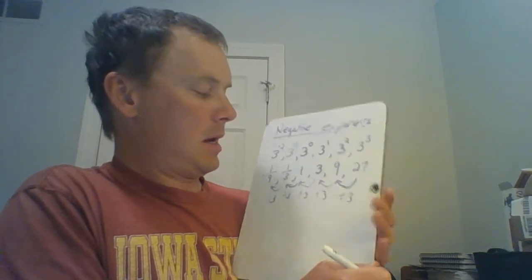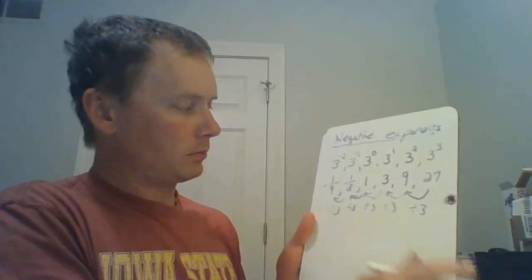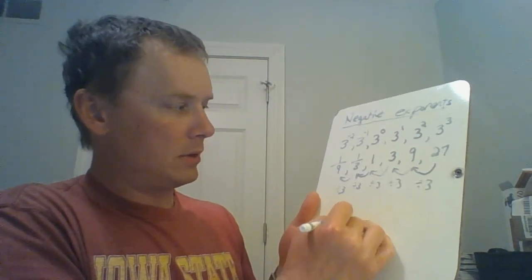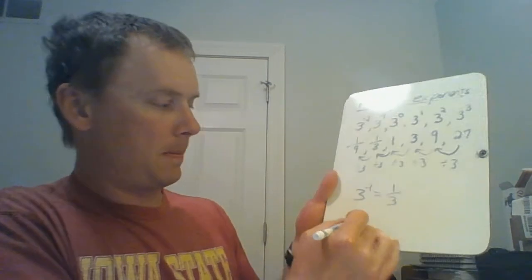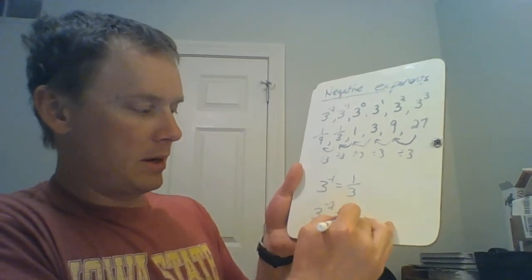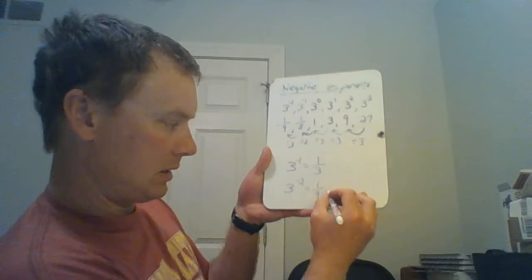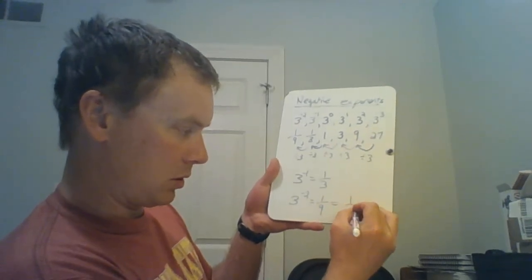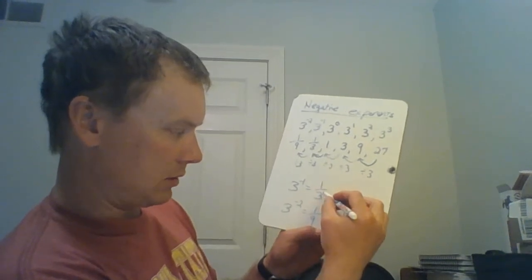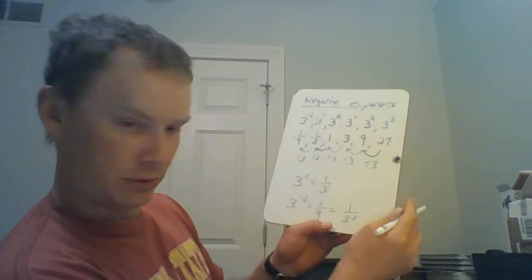Okay? And so what you see here is that 3 to the negative first is the same as 1/3. We see that 3 to the negative second is the same as 1/9. But I really want you to see that 1/9 is just the same as 1/3 squared. And 1/3 is just the same as 1/3 to the first.